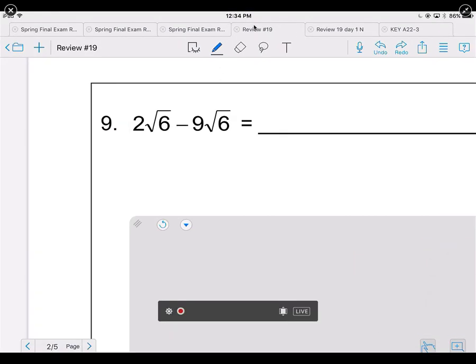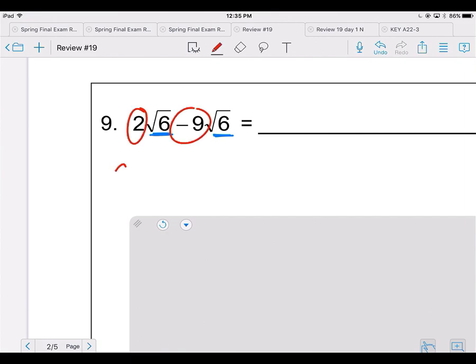Problem 9. I don't know why I said problem 2. Problem 9, we have square roots of 6 and square roots of 6. The square root of 6 cannot be simplified, and so there's nothing I can do to simplify the square root. However, I can simplify this problem. Because they're both the square root of 6, all I need to do is do what the numbers in front say.